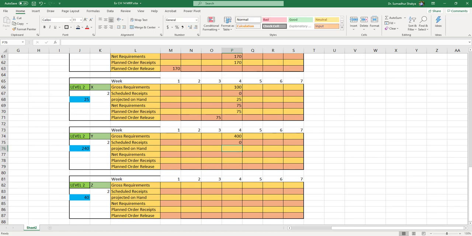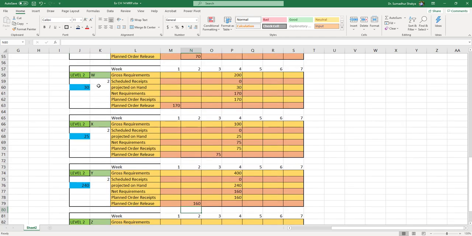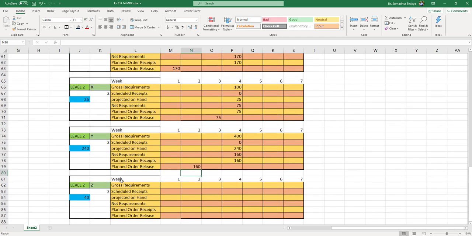Scheduled receipts 0, projected on hand 240, equals 400 minus 0 minus 240. Planned order receipts 160, and lead time of 2 weeks, so 1, 2, 160. So I'm done with W, X, and Y.